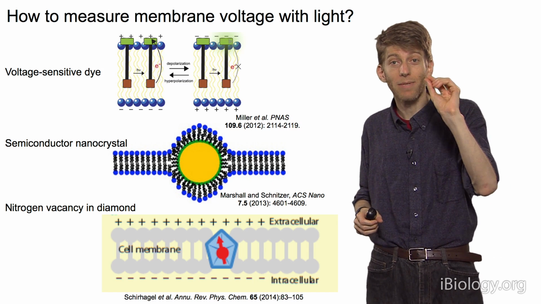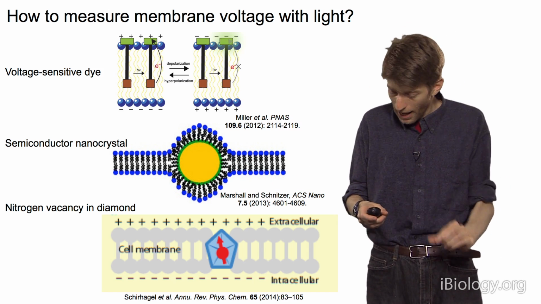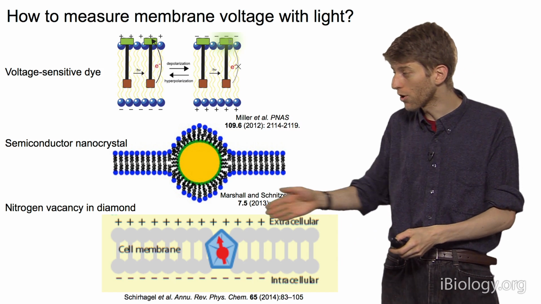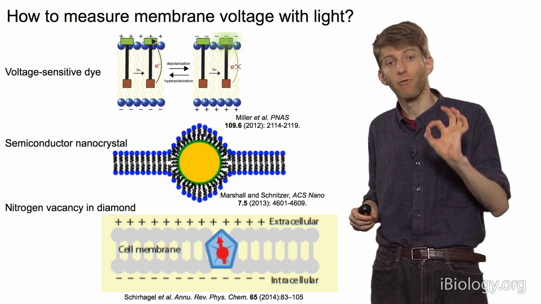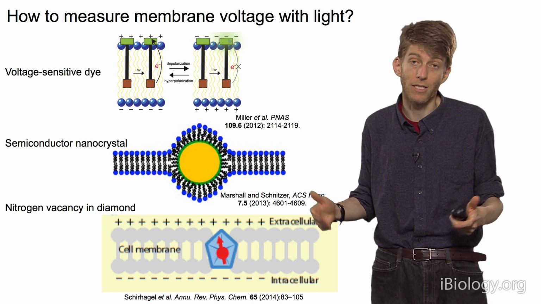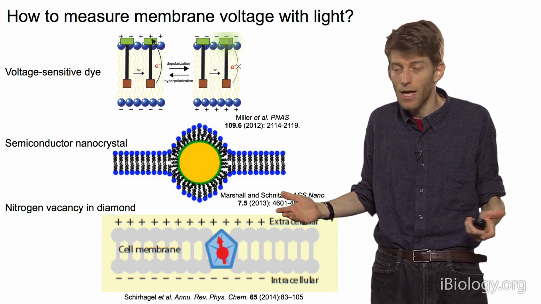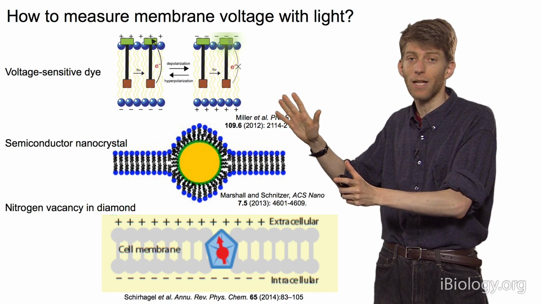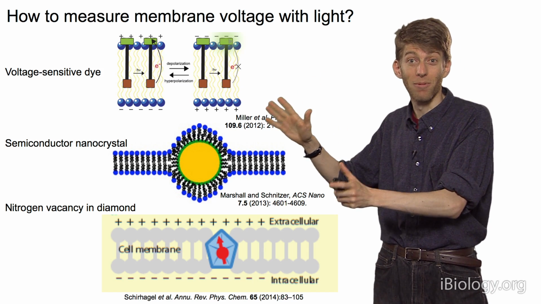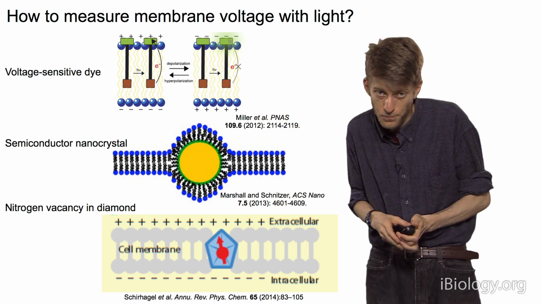These are tiny quantum mechanical defects in diamonds, and people think that if you get a small enough diamond nanocrystal and you stick it into a membrane, the fluorescence properties of these nitrogen vacancies will again be sensitive to membrane voltage. Now, I want to emphasize these are all interesting prospective technologies, but none of these has solved the problem that I posed at the beginning yet.